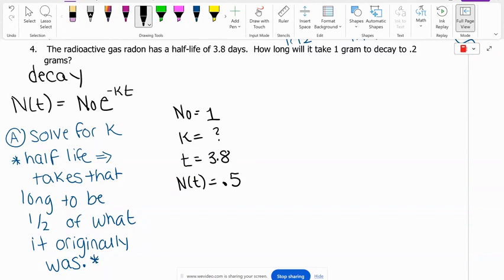Okay. Can I now plug into my formula? Yes. So we're going to have 0.5 is equal to 1 times E raised to the negative K times 3.8. So 0.5 is equal to E raised to the negative 3.8 K.